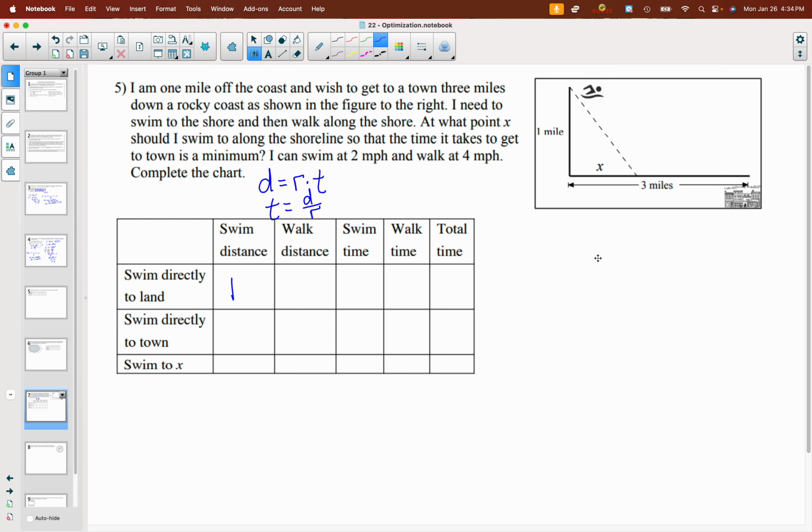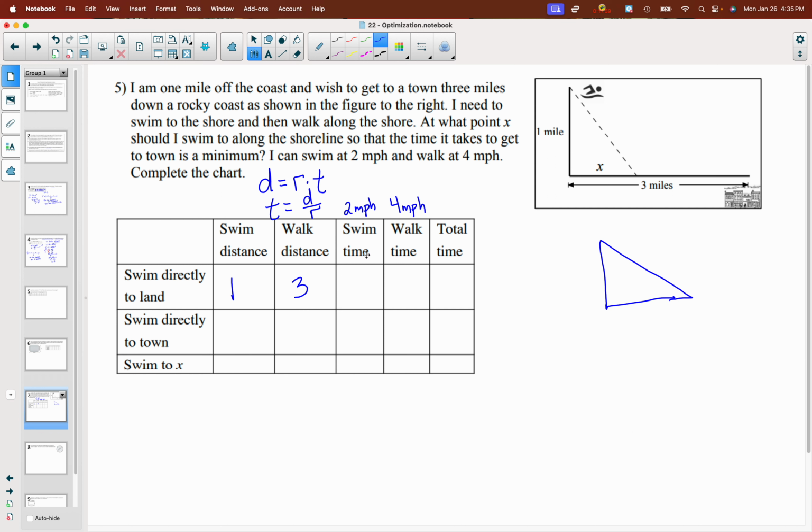And notice the shape that I'm dealing with. So if I'm swimming right here, then I'm going to be walking 3 miles. So that would be here. My swim time, remember it's 2 miles per hour for the swim time and 4 miles per hour for the walk time.